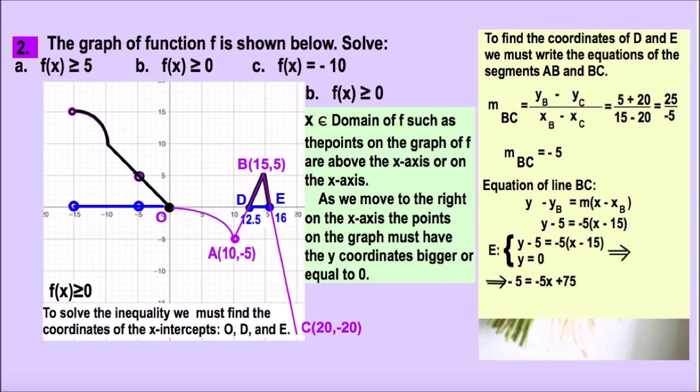Thus, negative 5 equals negative 5x plus 75. Let's add 5 to both sides of the equation along with positive 10x to obtain 5x equals 80. Divide both sides of the equation by 5, equivalent to x equals 16.